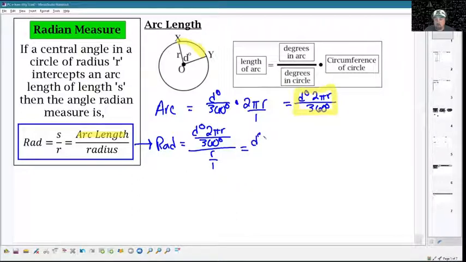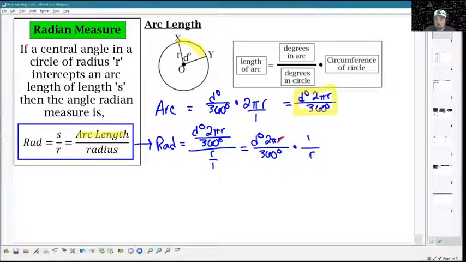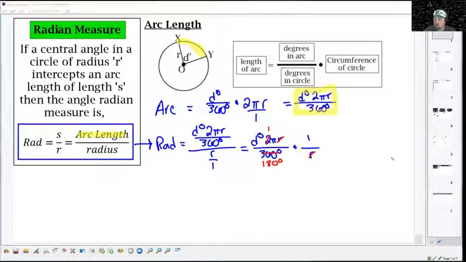So we end up with d degrees times 2 pi r over 360 times 1 over r. Then we can start canceling some stuff. We see this radius cancels out. And 2 over 360 turns into 1 over 180.